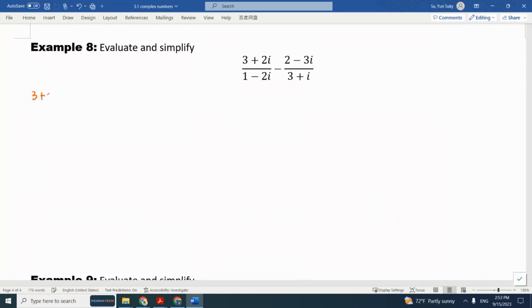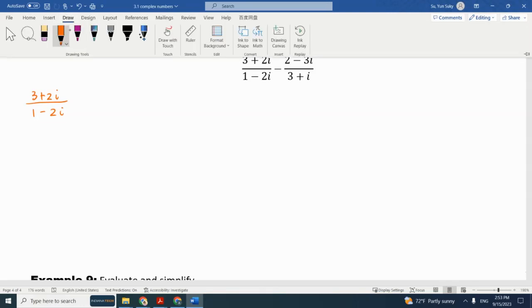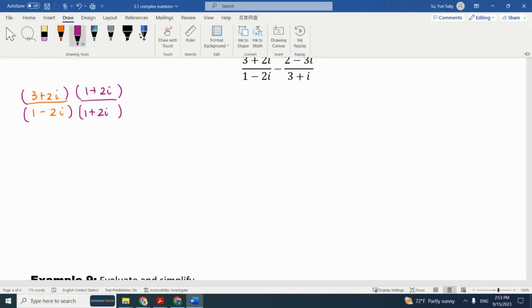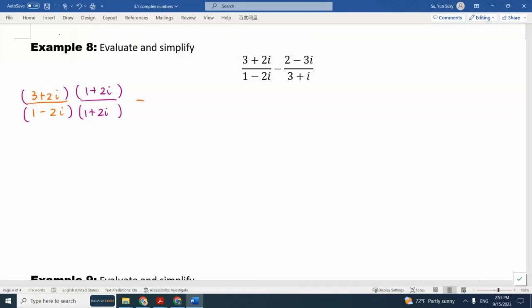So 3 plus 2i over 1 minus 2i. How about you guys take turns to answer my question? Sarah, what do you multiply? Okay, that's the first fraction. Second fraction.